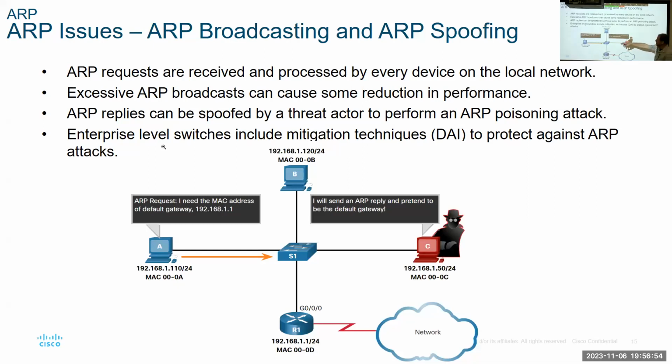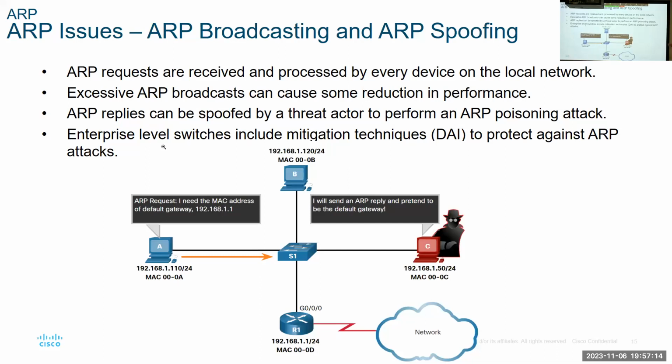Computer A will be none the wiser. Computer C is the man in the middle, grabbing all your packets and forwarding them to the router, so you still get your replies, not knowing there's somebody in the middle.